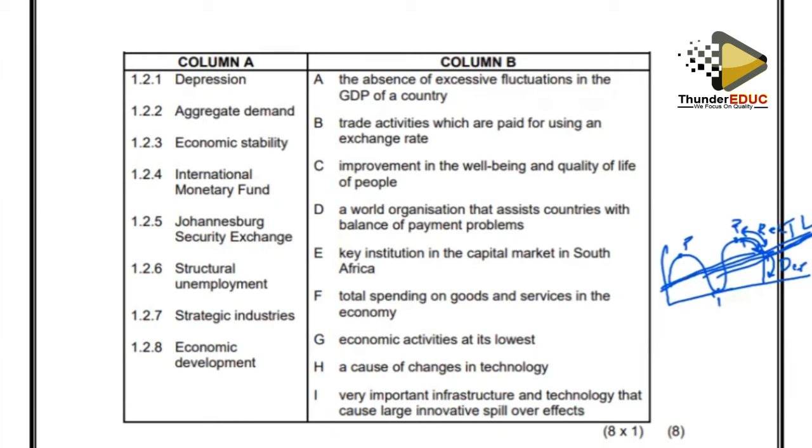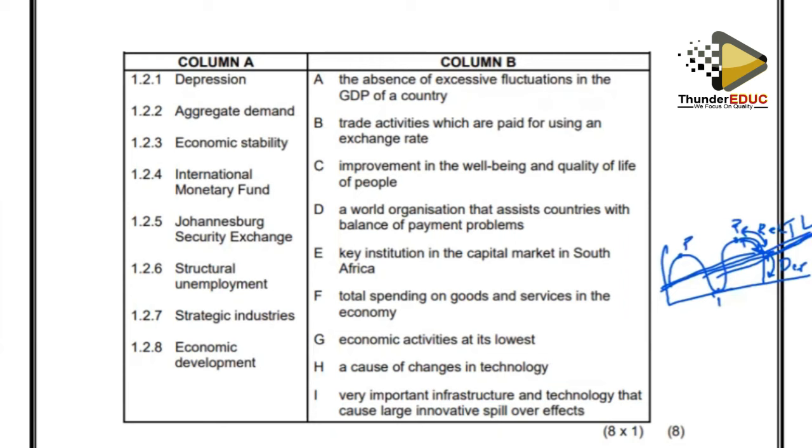So the moment the economy is under depression, there is no economic growth and also no economic development. No economic growth means stagnation in the production of goods and services by businesses. No economic development means stagnation in the improvement of the standard of living of households.